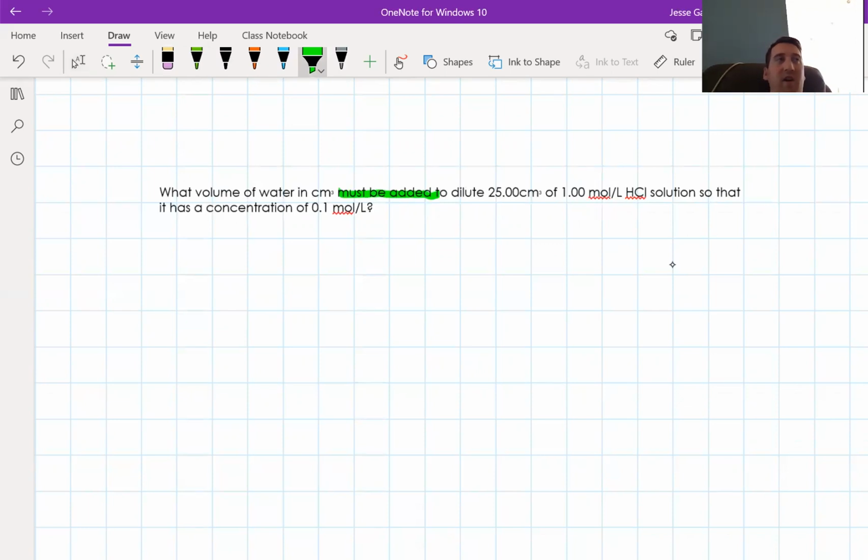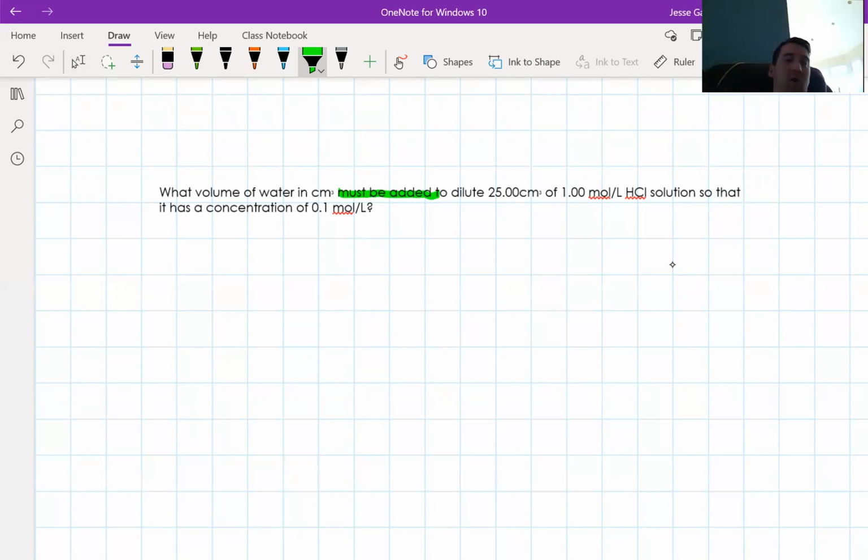So it's asking you to find what volume was added. To do this, you're going to have to find the final volume and the original volume, and find how much was added to make the final volume. So you're going to have a little extra step in this one. If you're ready to pause the video and have another go, I would advise you to do it, because if you can do it yourself, that's better. If not, then let's talk about this together.